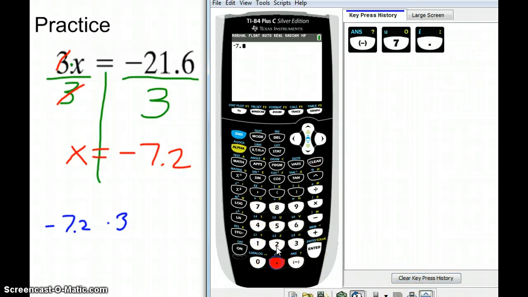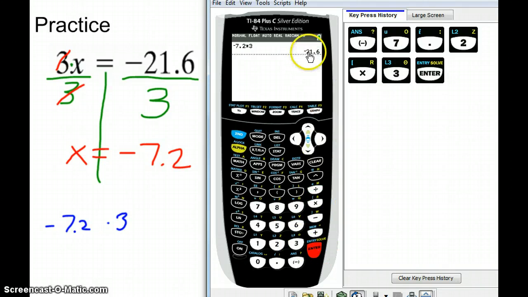Negative 7.2 times 3. And we get a negative 21.6, which is exactly what we got for our answer in our open sentence up there.